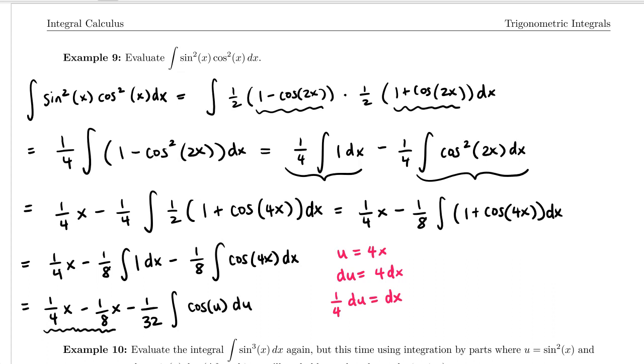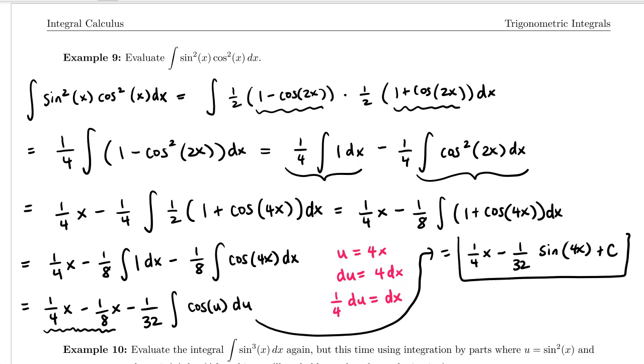If I find a common denominator for those and combine that, this is equal to 1/4 x minus 1 over 32, and then the antiderivative of cosine of u is sine of u, and then if I plug in my u value to be 4x, and then add our constant of integration, this is our final answer.